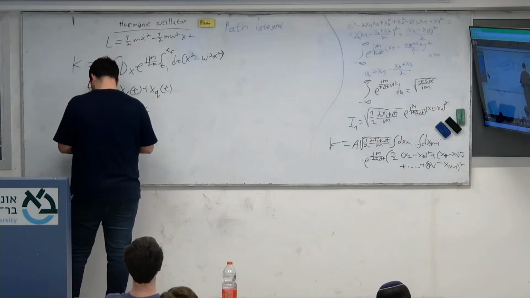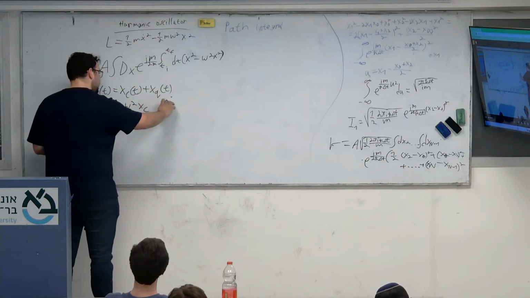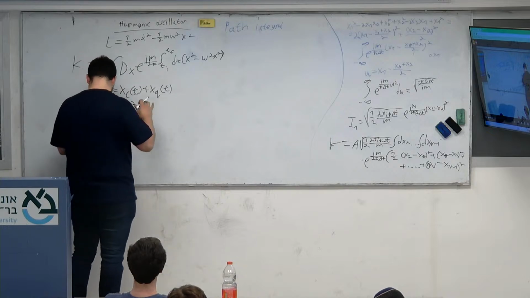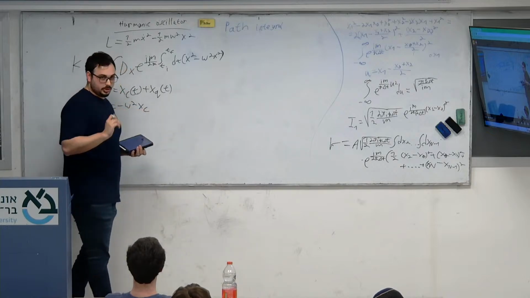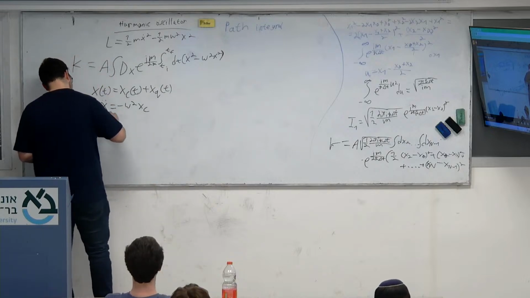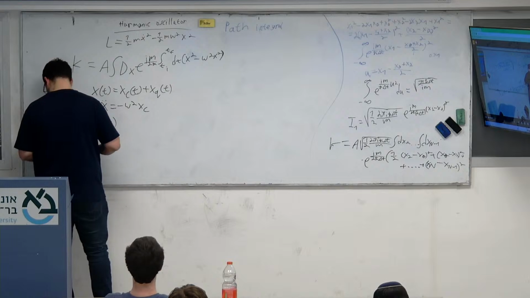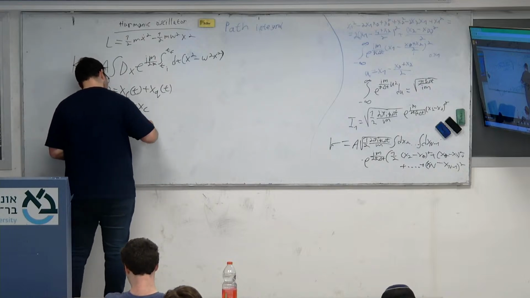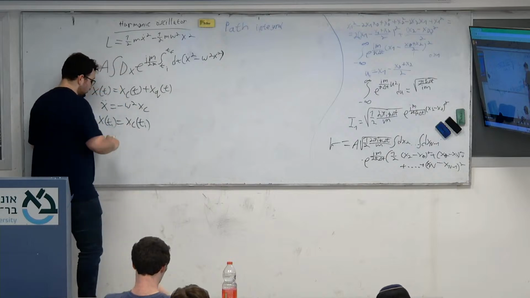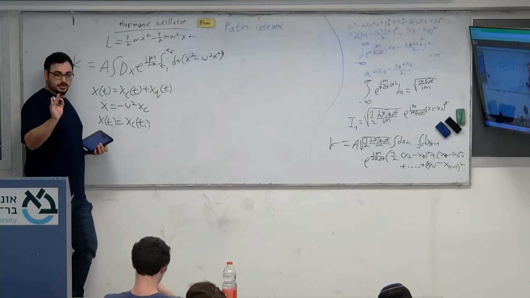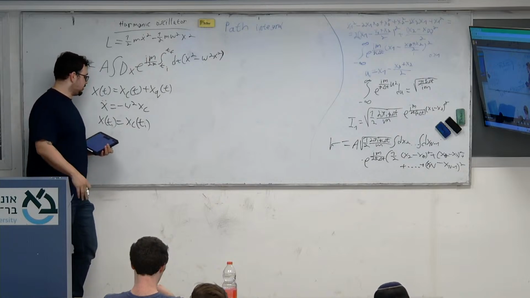And the quantum solution is the main thing that we would like to solve. We don't know it. But what we do know is that x in the initial state will be the classical solution, because we start with a singular point, we don't start with some perturbation.